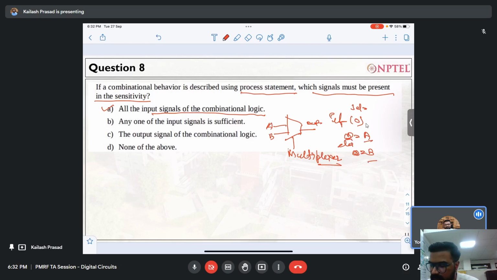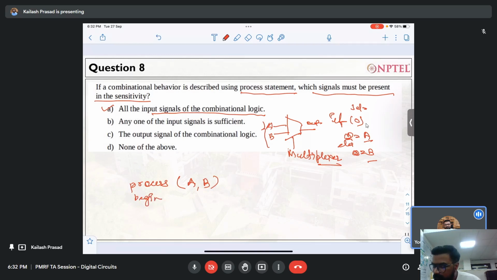So how do you define it? You write process, and then you have two inputs, a and b. Process means that whenever an input will change, this statement will be executed, and inside that you will write begin.